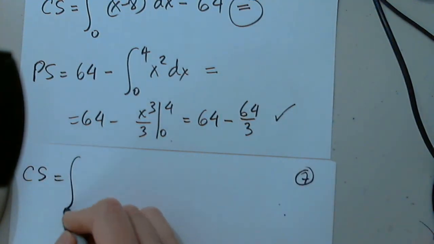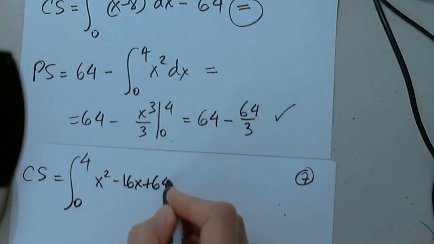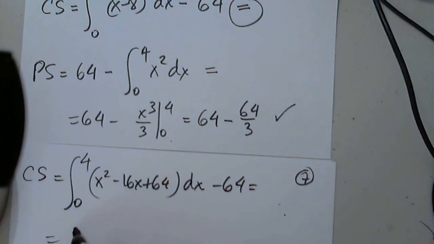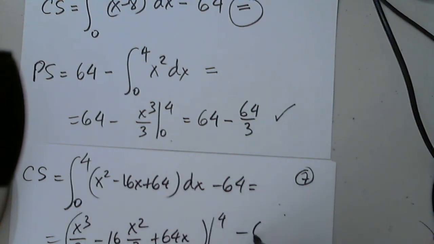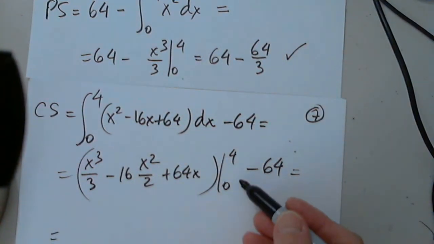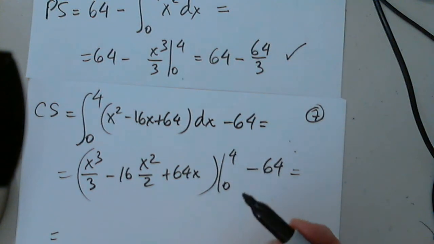Okay, so this is the integral from 0 to 4 of x squared minus 16x plus 64 dx, and minus 64. So here I have x to the third over 3 minus 16x squared over 2 plus 64x from 0 to 4 minus 64. I only need, luckily, to plug in 4 because when I plug in 0 it is nothing.